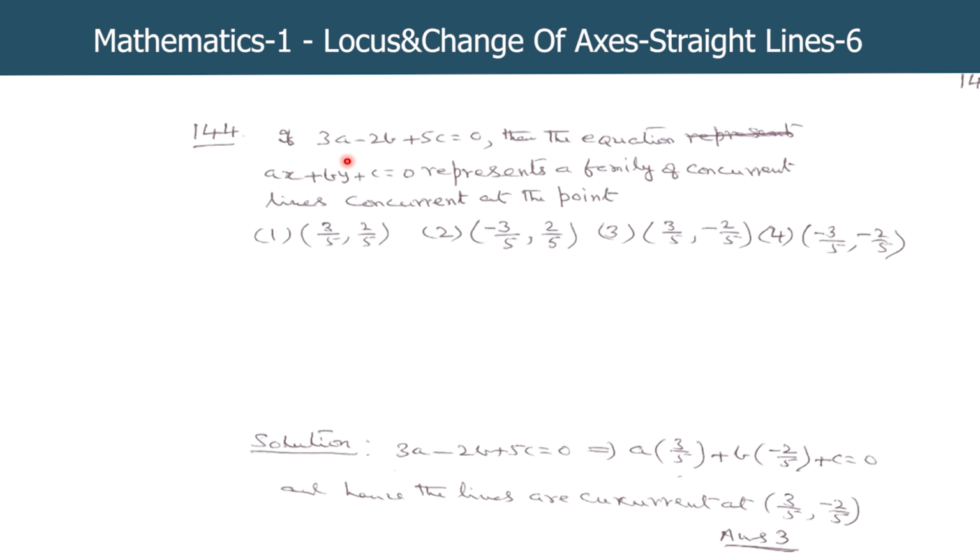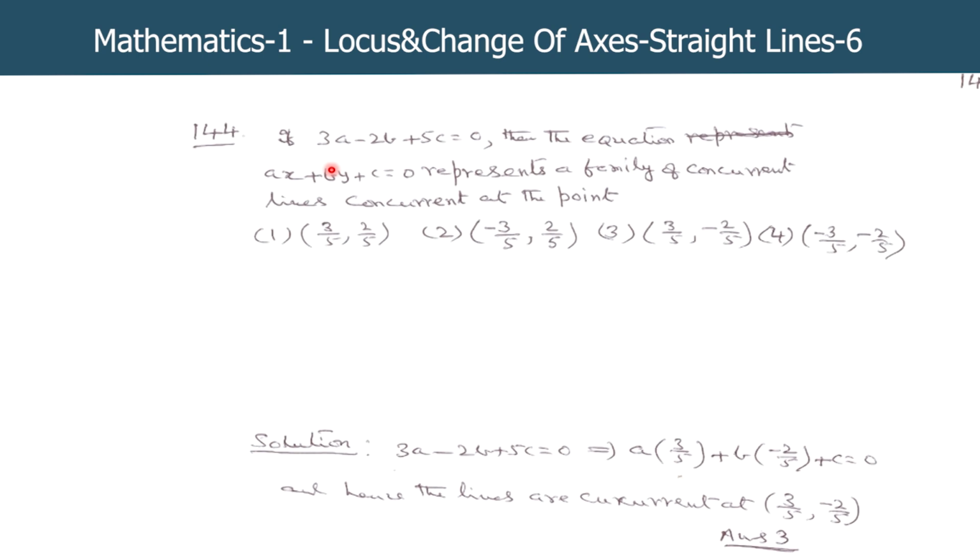Right. 3a minus 2b plus 5c equal to 0. For all these problems, it is very simple. The technique is, because these types of problems are important, especially for EAPCET: whatever the coefficient of c you have in the given condition, you divide the equation by the coefficient of c. Here 3a minus 2b plus 5c equal to 0, so divide that by 5.